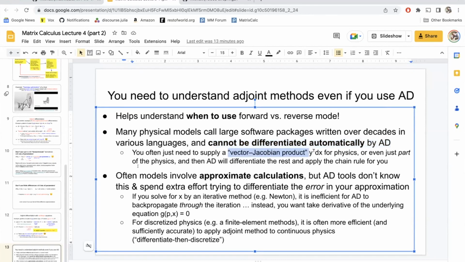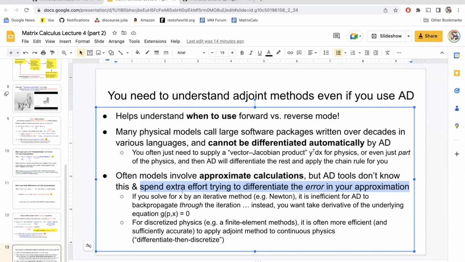And then even if you have AD, even if it works, if you have a model that involves an approximate calculation, like a Newton solve or something like that, automatic differentiation typically doesn't know this and spends a lot of effort trying to differentiate exactly the error in your approximation. It wastes a lot of time. So it's really, really useful to know that, and to know, oh, I need to tell it something to help it.